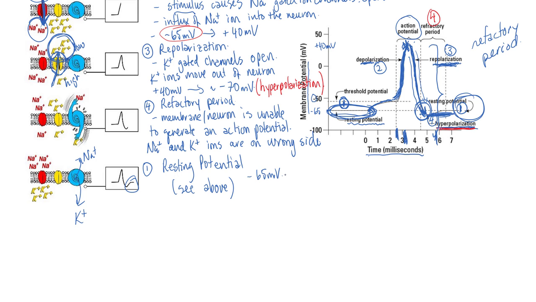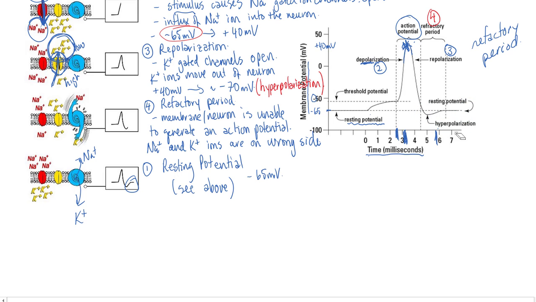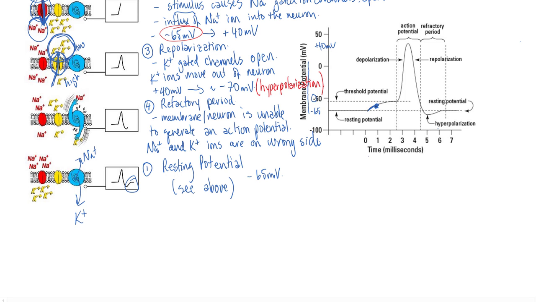First off, this threshold. So let me just erase some of this stuff here, clean this up. But what you see here is an action potential is an all or none response. What you need to remember is a neuron doesn't just have one sodium gated channel, it has many. Different stimuli may only cause some sodium gates to open, in which case, if a minimum potential difference is not achieved, no electrical signal, no action potential will be generated at all.